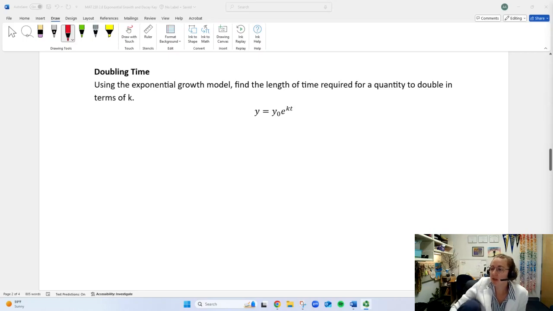This doubling is used a lot when we're talking about in physics or chemistry, the time that it takes bacteria to actually grow. So if y naught is what we're actually starting out with, it could be 1 bacteria, it could be 10 bacteria. I'm just going to say that double y naught is what we are actually going to have at the end.